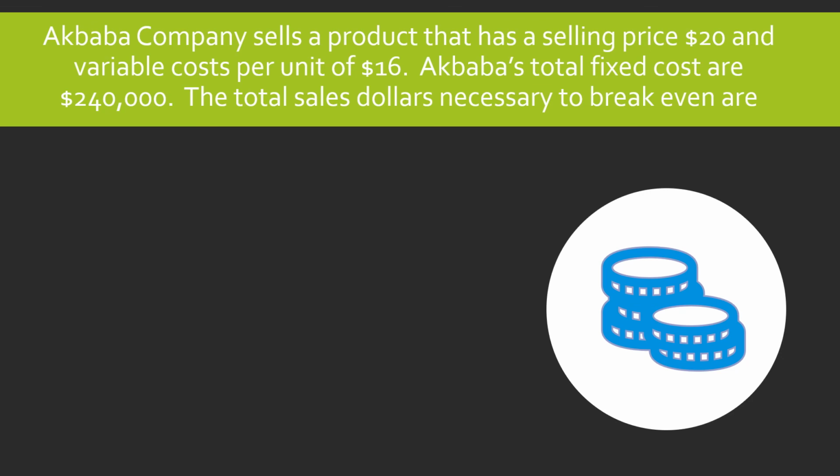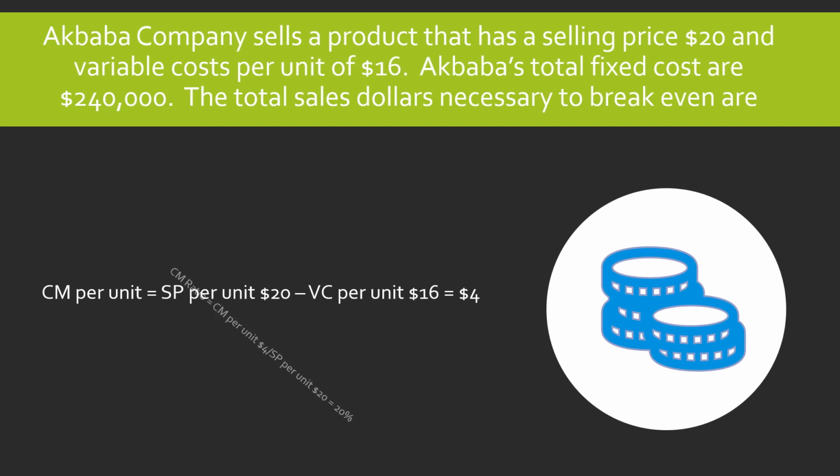So if I ever know an answer in units and I want to find it in dollars, I can multiply the units answer times selling price. But let's do it the formula way. Okay. So contribution margin per unit is $4, right? Selling price minus variable cost, $4. Contribution margin ratio is the contribution margin per unit, $4, divided by selling price per unit of $20.